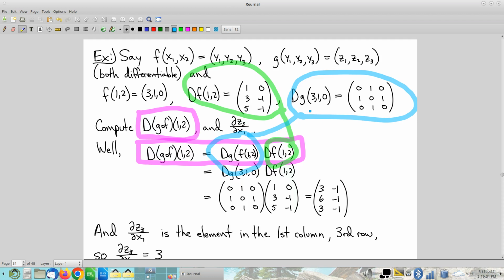Can I just plug in dg evaluated anywhere? No, of course not. I need specifically dg at the point 3, 1, 0. Lucky break, these are the same points. Again, as given over here, f of 1, 2 is 3, 1, 0. Yeah?